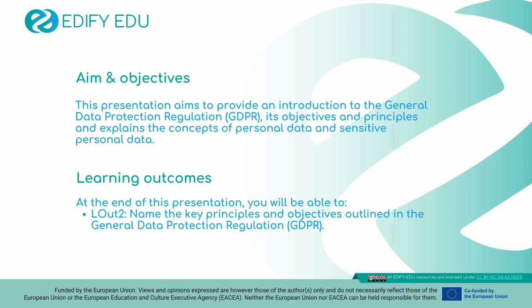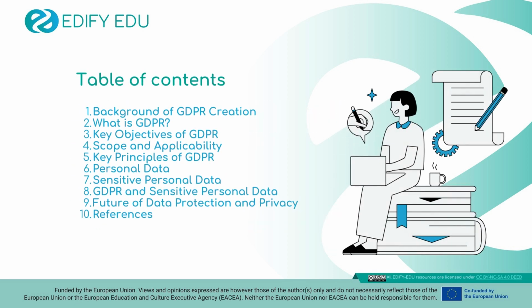By the end of this lesson, you will be able to identify the key principles and objectives outlined in the GDPR. Throughout this presentation, we will explore several important topics. We will start by discussing the background and creation of GDPR, followed by a comprehensive explanation of what GDPR entails.